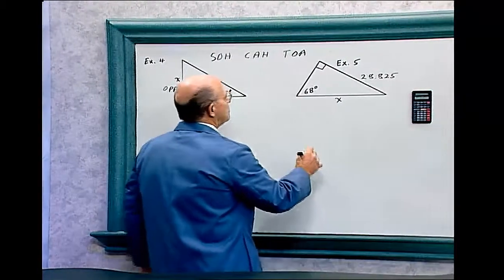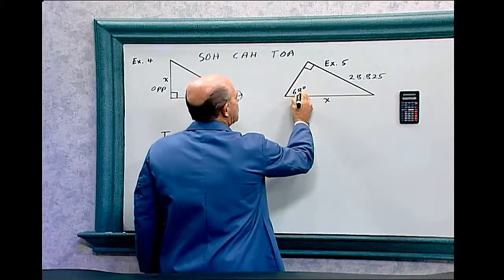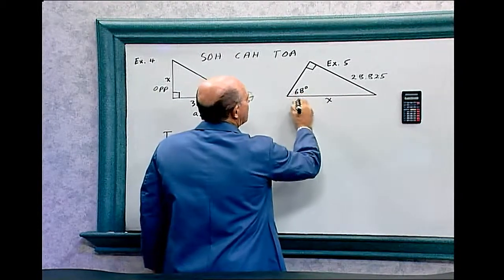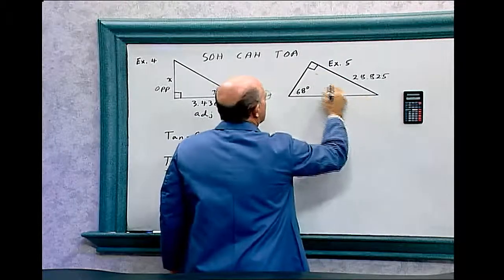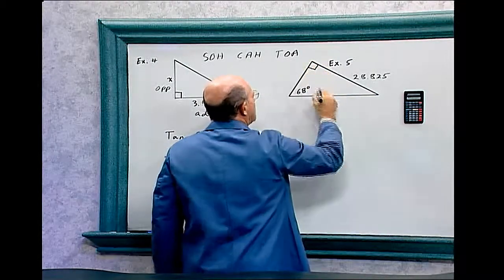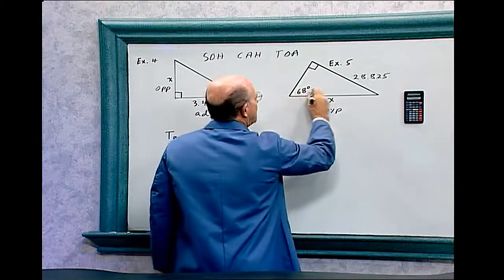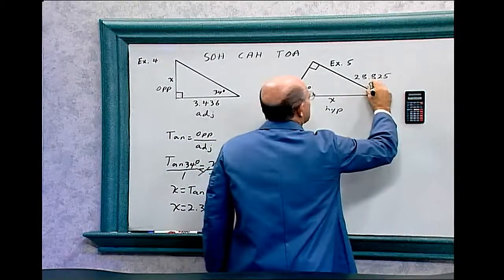Again, let's label it. Here's the angle that is known, and this is the long side opposite the square over here, the 90 degrees, and so that is the hypotenuse, and this then is the opposite.